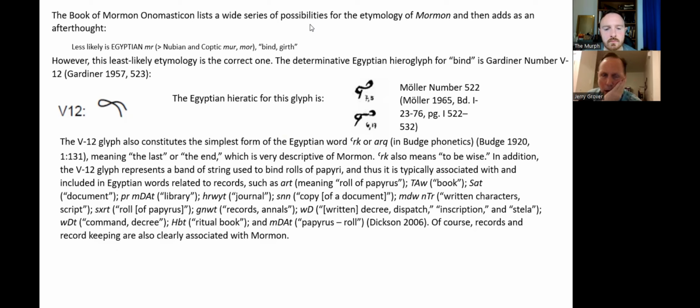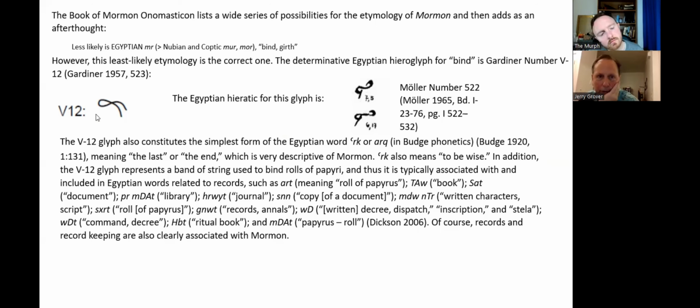I didn't list them all, because sometimes I don't list them if they don't have anything to do with it. In this situation, they have listed MR, the Egyptian for bind or girth. You find that word in Egyptian as the V12 glyph, and here is the hieratic. So that's a pretty close match to Mormon in the Egyptian, right?